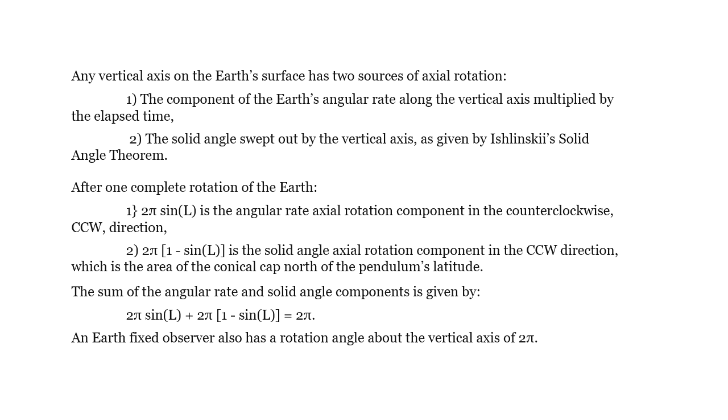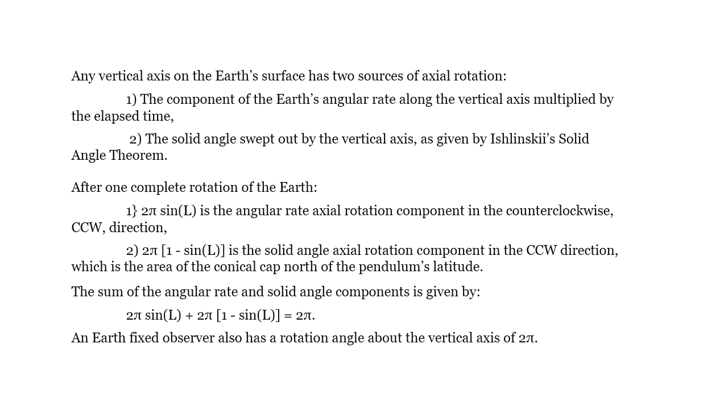So basically, any vertical axis on the surface of the Earth has two sources of axial rotation: the component of the Earth's angular rate along the vertical axis multiplied by the elapsed time, and the second component is the solid angle swept out by the vertical axis given by Ishlinskii's solid angle theorem. After one complete rotation of the Earth, the angular rate component is 2 pi times the sine of the latitude.